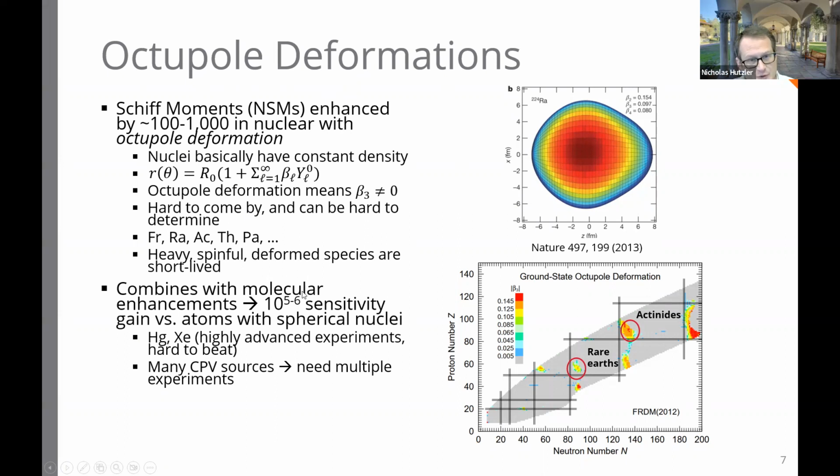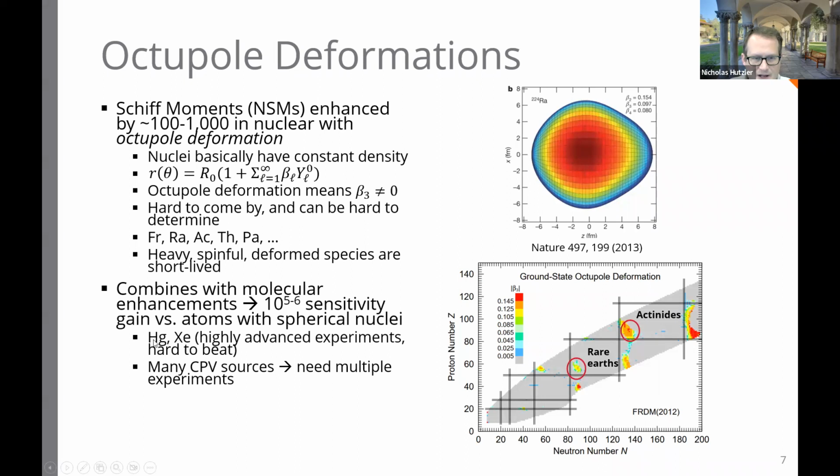You can combine this with atomic or molecular enhancements. In particular, if you combine this with molecular enhancements, so the fact that molecules have very large, extreme electromagnetic field environments that amplify these CP violating moments, you can get very large sensitivity gains, say 10 to the 5 or 6 for a molecule containing a deformed nucleus versus an atom with a spherical nucleus like mercury or xenon.